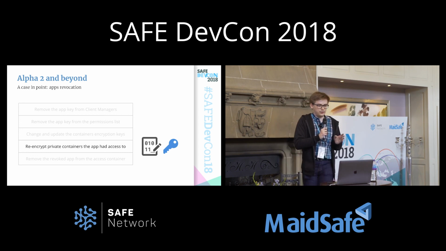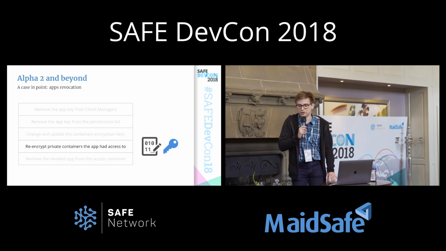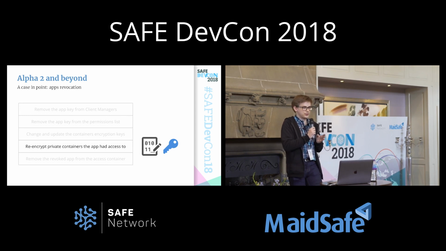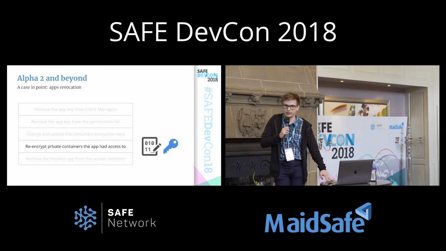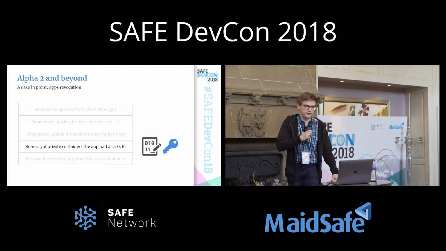But it could still be left with the encryption keys. So what if an app still has these encryption keys? We need to make sure that applications can't access this information and can't access those containers anymore, because they can know the location of these containers.